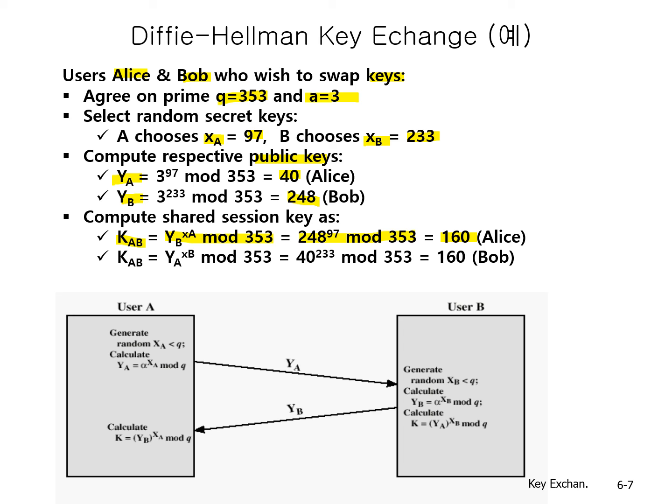Bob, using the blind key of Alice, computes like this, and the results are the same. Then Alice and Bob share the same key of 160.